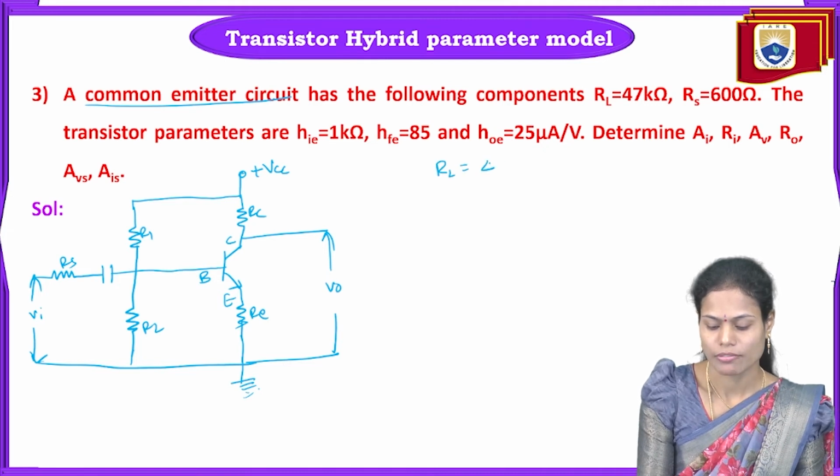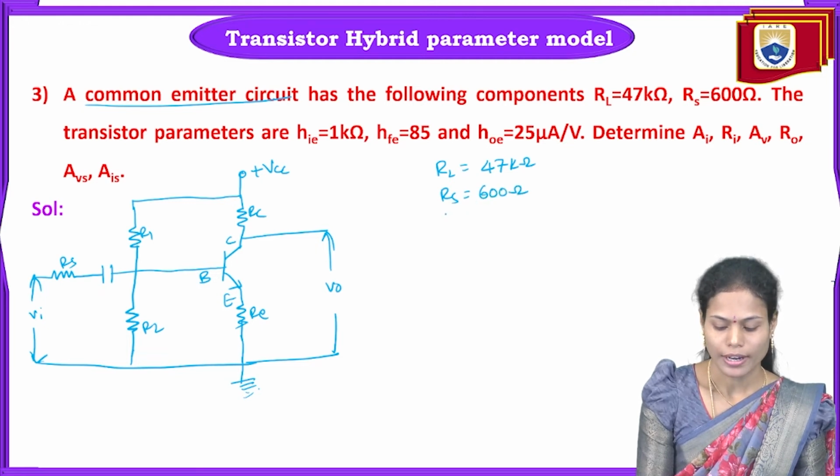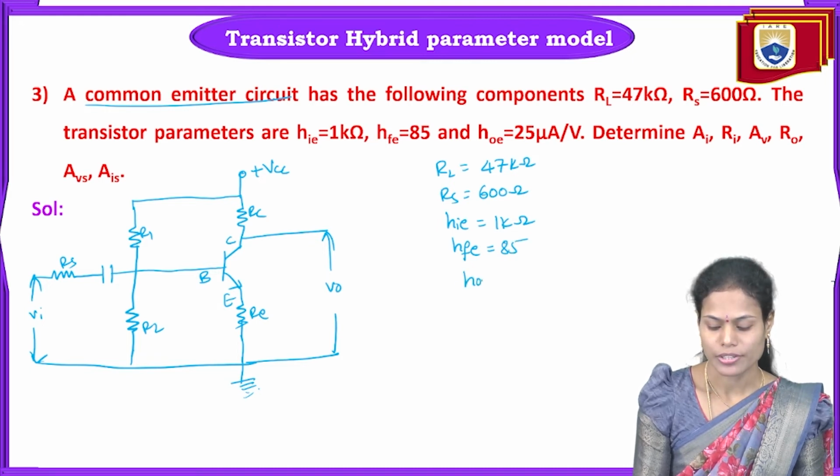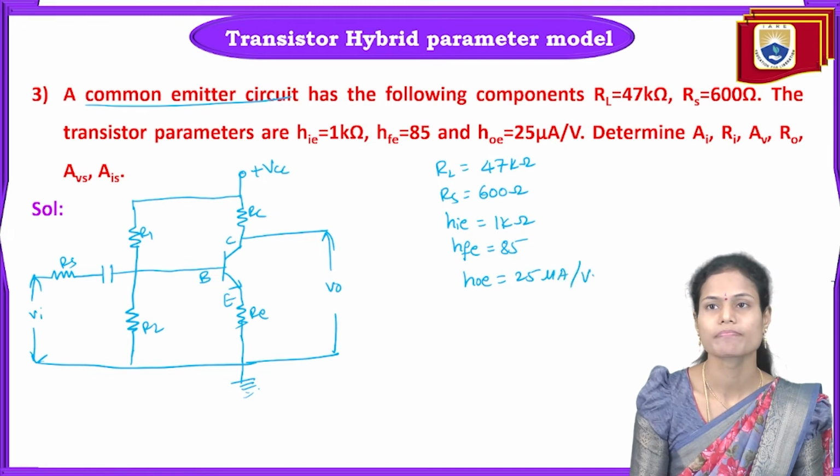Load resistance is given as 47 kilo ohms, the source resistance is given as 600 ohms, the input impedance is given as 1 kilo ohm, the forward current gain HFE is given as 85, and the output admittance HOE is given as 25 microamps per volt.